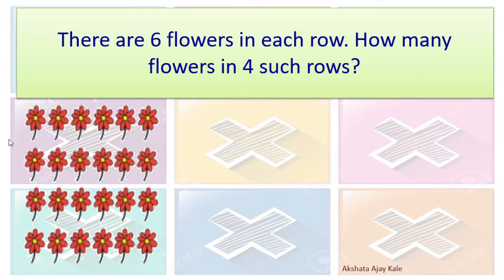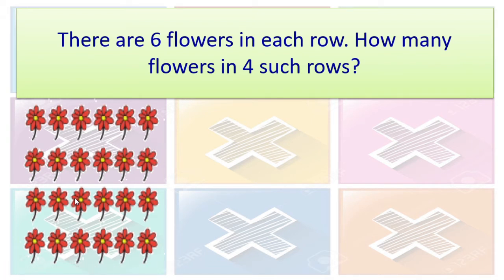In the first row, how many flowers are there? 1, 2, 3, 4, 5, 6. Like this, 4 rows are there.